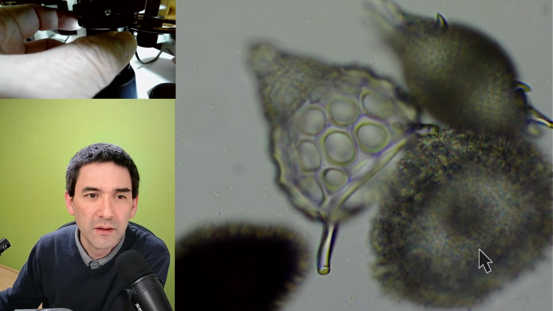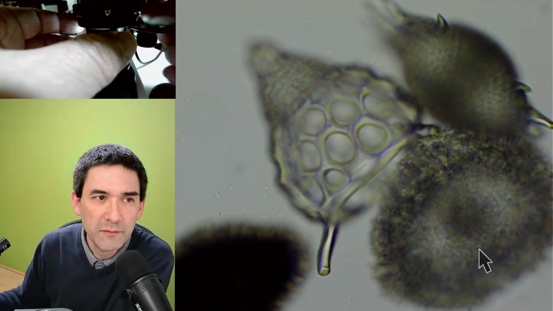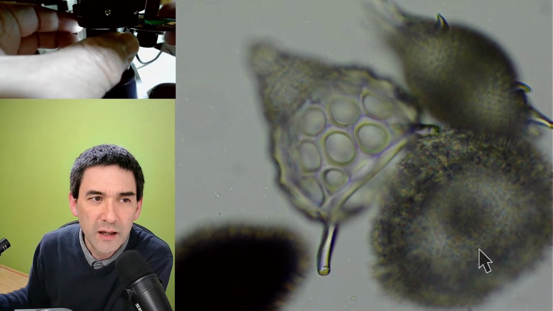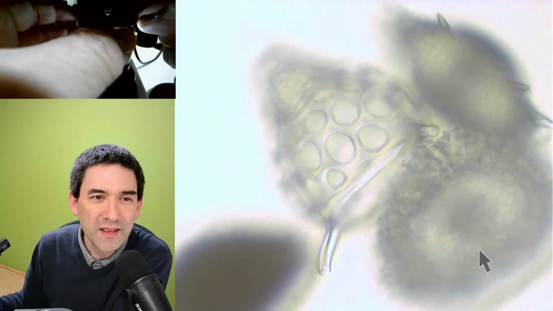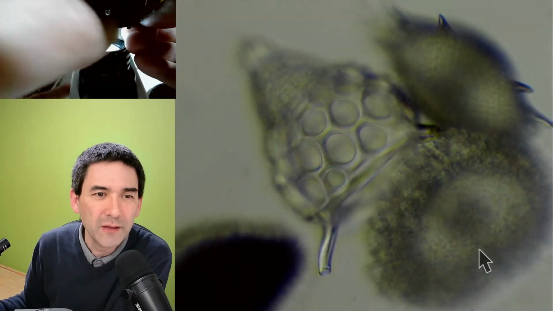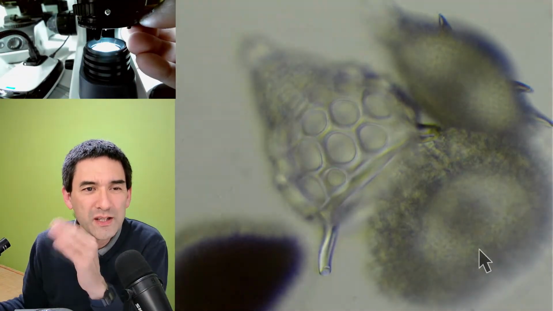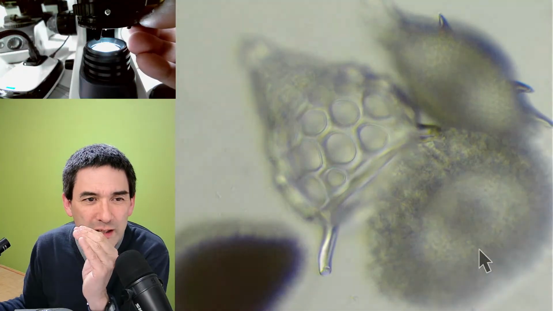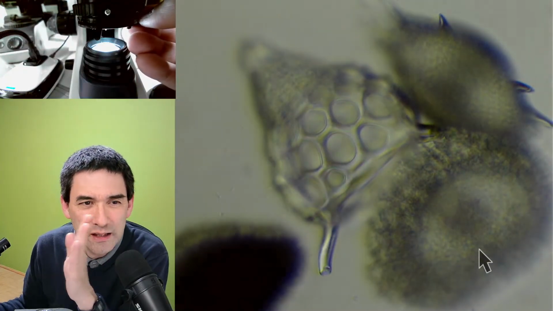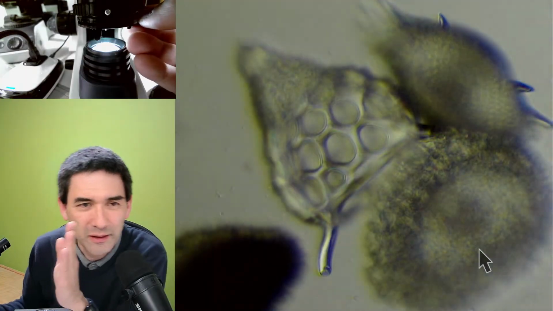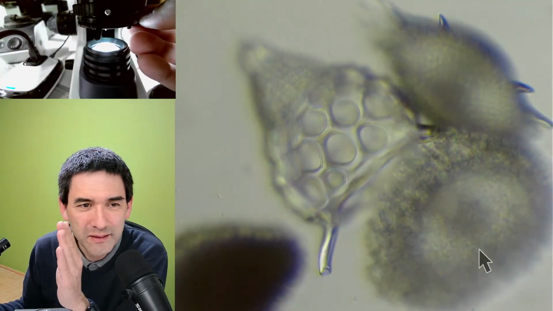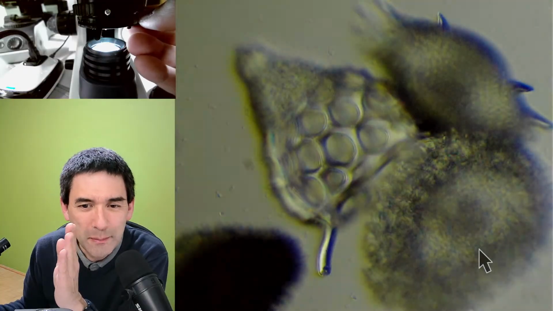And when you put the filter in again, you have to open the condenser, otherwise it's going to be completely black. The interesting thing is, if you move it back and forth, because the angle of the light is changing, it's almost as if the image itself is shifting. You can actually also see a little bit of the depth here.